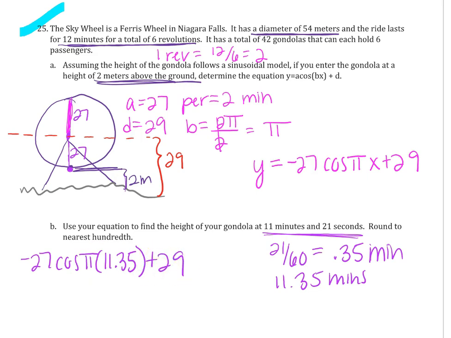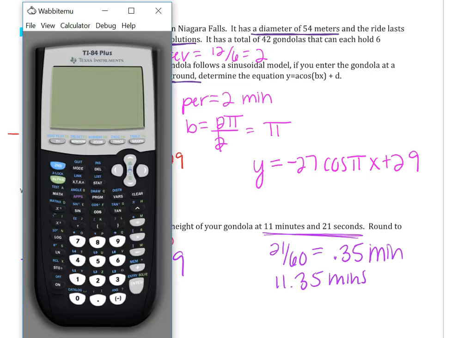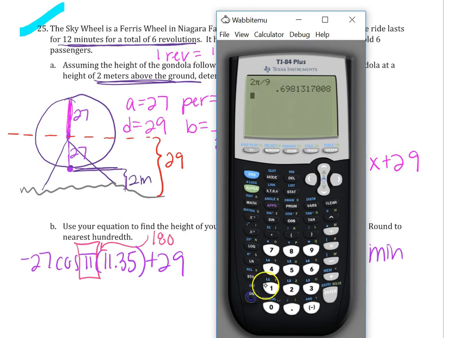Now what's important is that your calculator is in terms of degrees, as where your function right now is in terms of radians. So when you plug this into your calculator, you're going to plug in 180 for pi. Okay, so I model this here. Make sure my calculator's in degree mode, and it is. Okay, so I've got negative 27 cosine of 180 times 11.35.